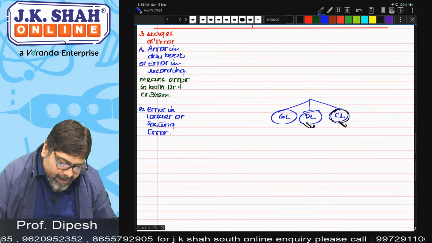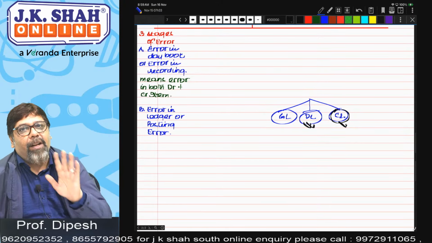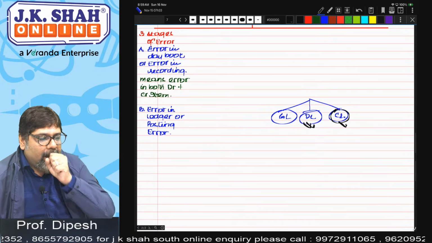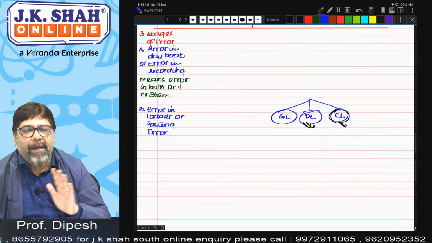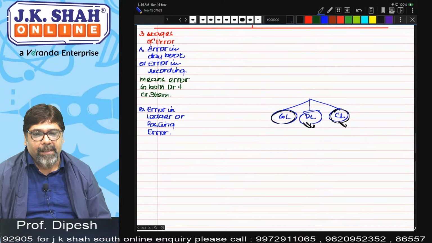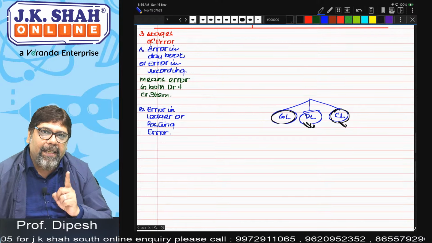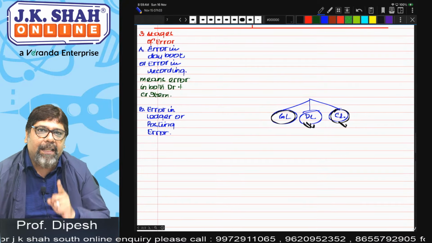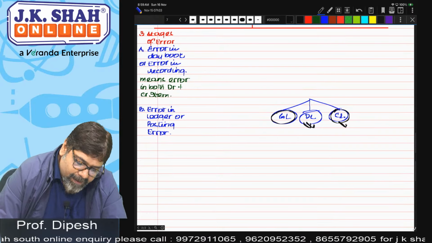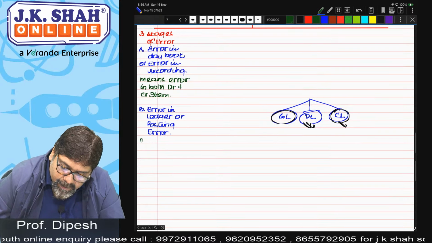Rest all accounts, purchase return, sales return, income, expenses, fixed asset, capital, drawing, are maintained in general ledger. So if there is an error in any ledger, it means there is an error in the account maintained in that ledger.